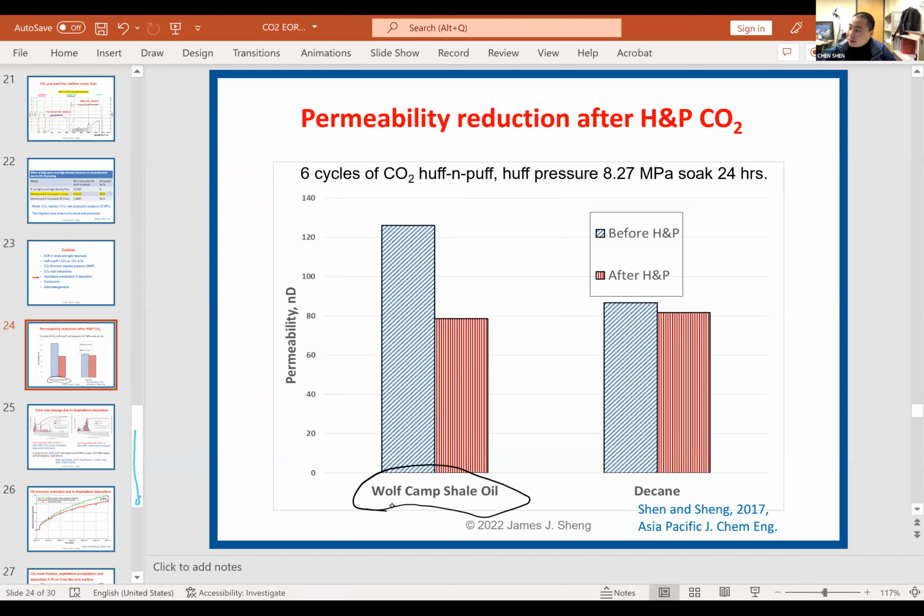Asphaltene precipitation is a well-known phenomenon when you inject CO2. But before, we generally discussed it in conventional reservoirs, which have high permeabilities.